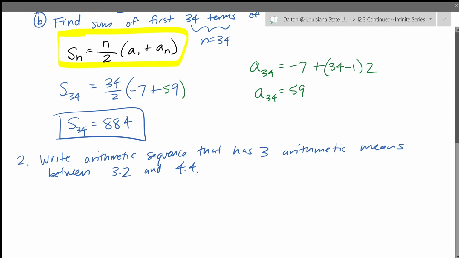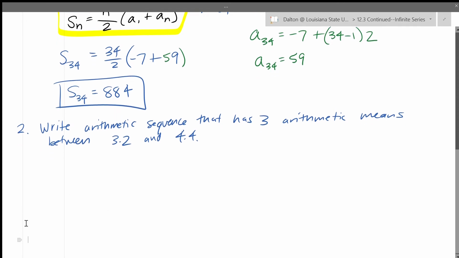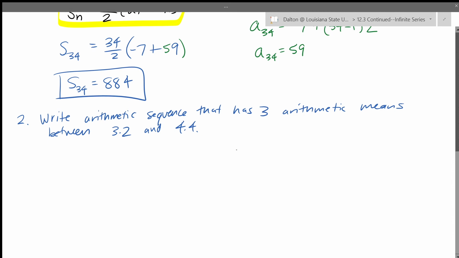All an arithmetic mean are is numbers that are between two non-consecutive numbers. So if 3.2 and 4.4 are the bookends of the sequence, with 3.2 first, then I'm looking for 3 terms between them to complete the sequence.